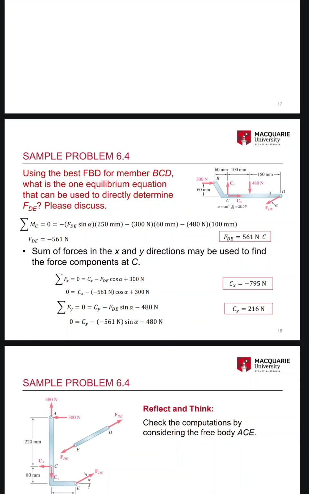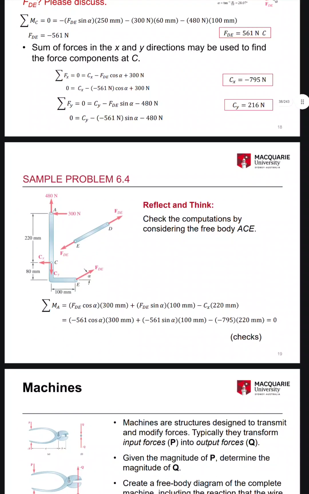So we can get Cx equals minus 795 Newton. And sum Fy equals 0, Cy minus FDE sine alpha minus 480 Newton. 0 equals Cy minus 561 Newton sine alpha minus 480 Newton. Cy equals 260 Newton.